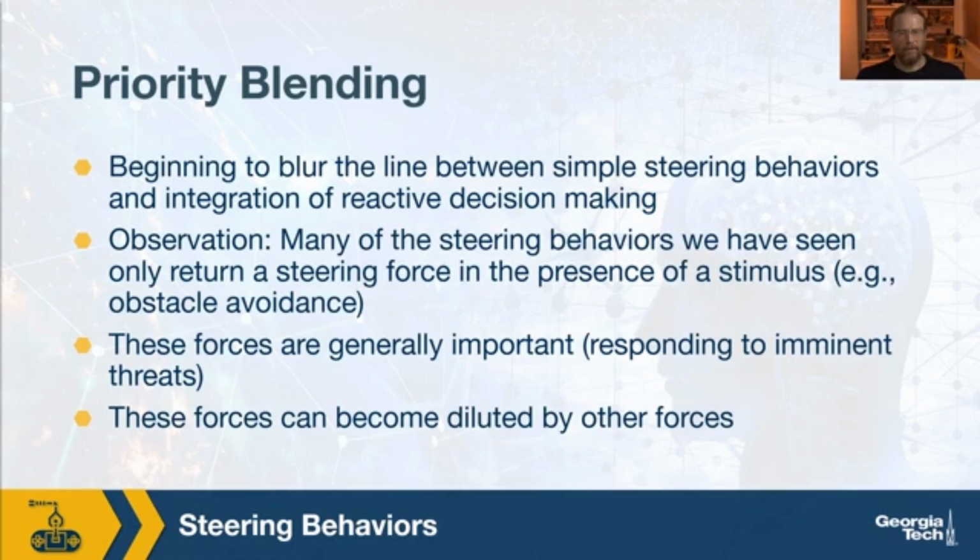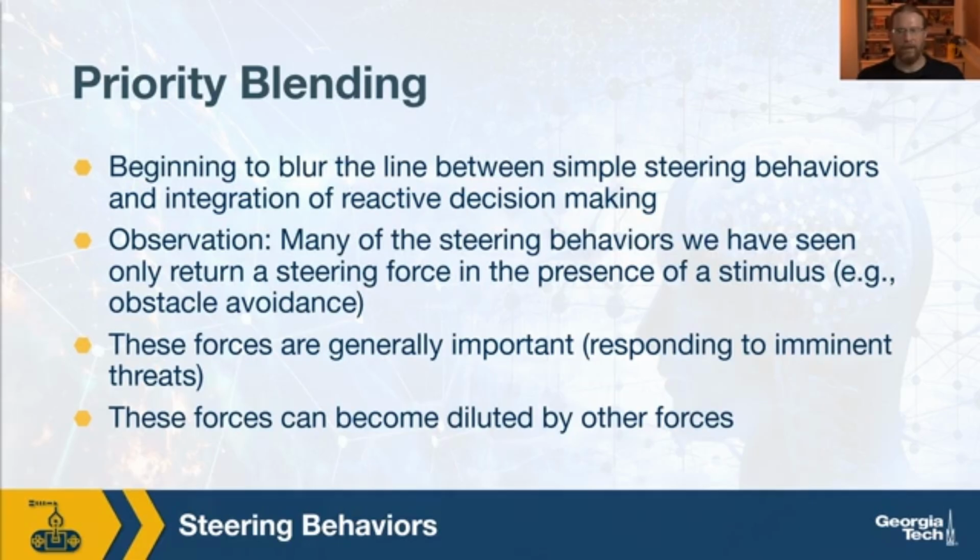Now, if we just blend these all the time with other forces, like say a goal-seeking force, well, the avoidance force can become diluted by the other forces, basically becoming less effective. So maybe the fact that we're blending it's going to make it more likely that there's still a collision that occurs.